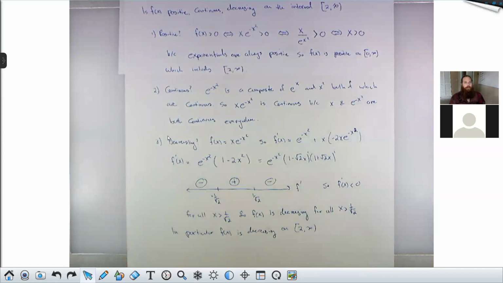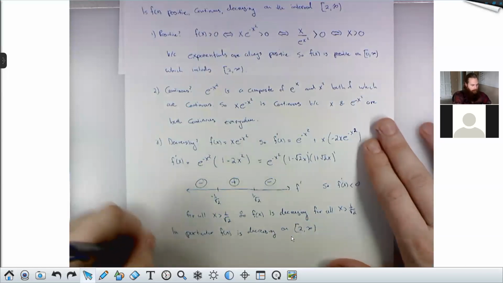This is your standard decreasing argument. Take the derivative, figure out where the derivative is negative and positive. Anywhere the derivative is negative, your function will be decreasing. Since this set contains this set, I know that my function is definitely decreasing everywhere on this set, which is the set I'm worried about.